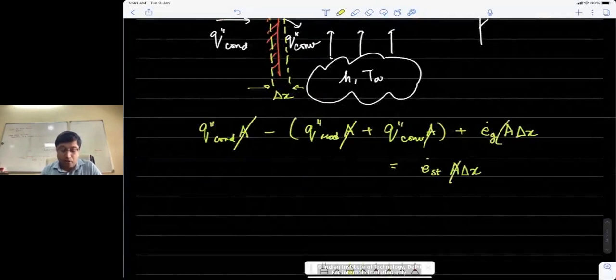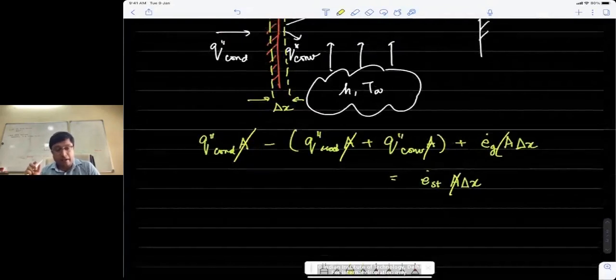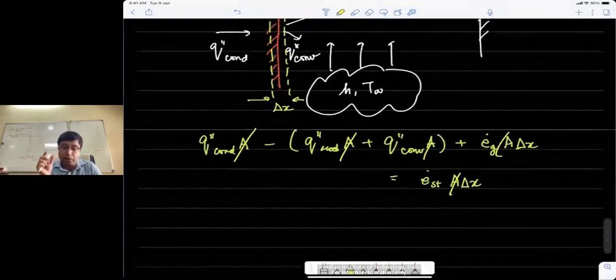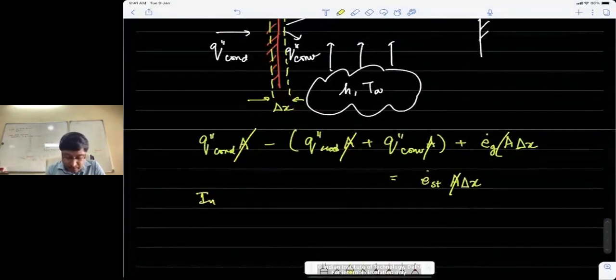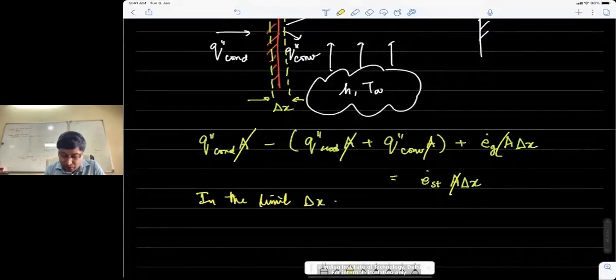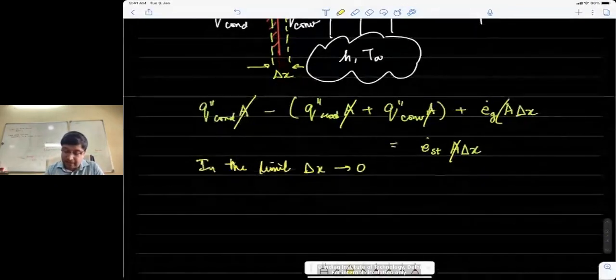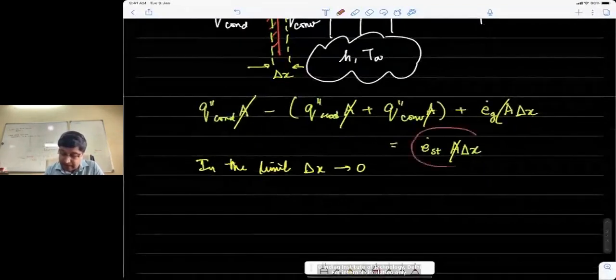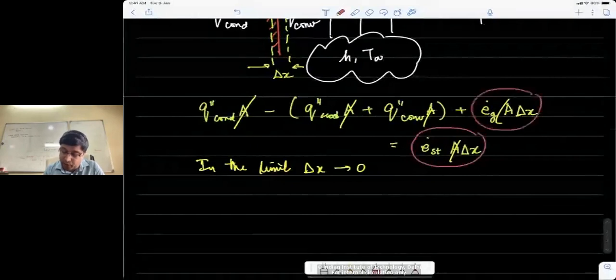And now what I'm going to do is shrink the control volume. In the limit delta x goes to 0, what we will get is that these two terms, this and this, are going to be 0.